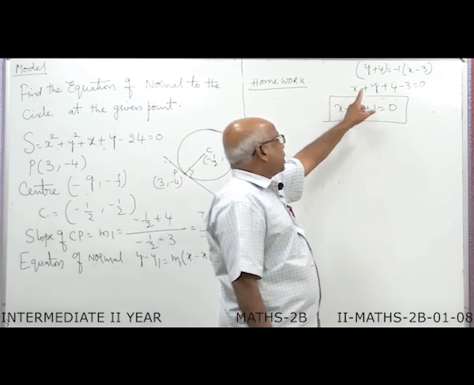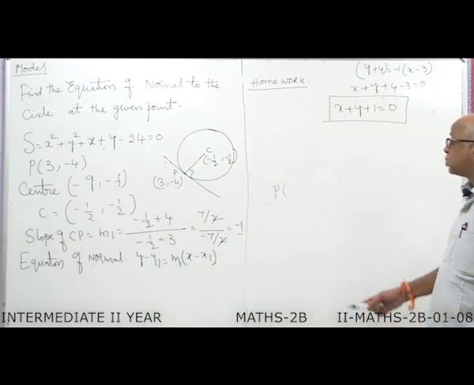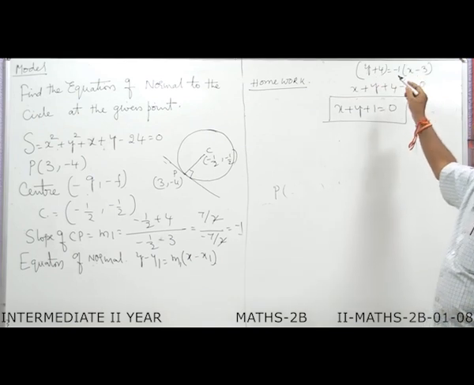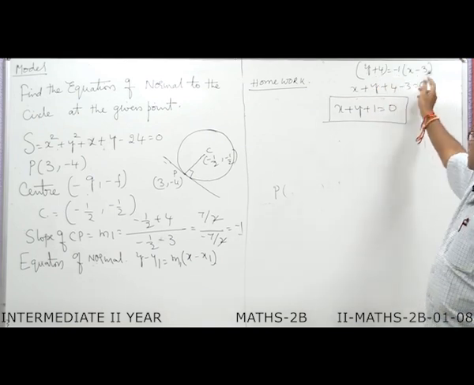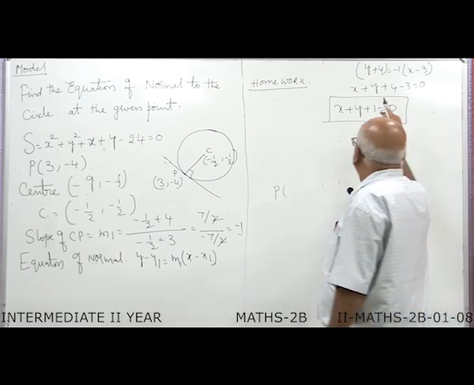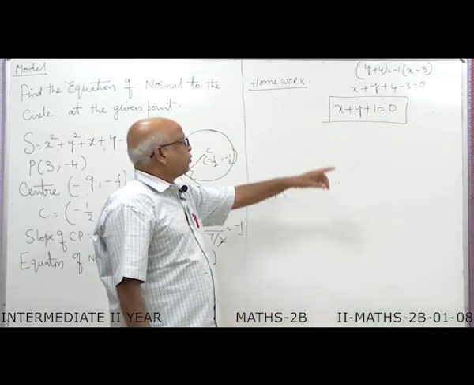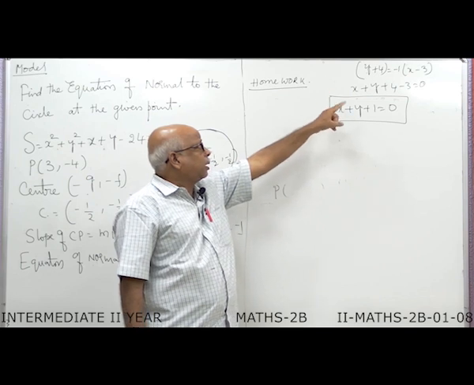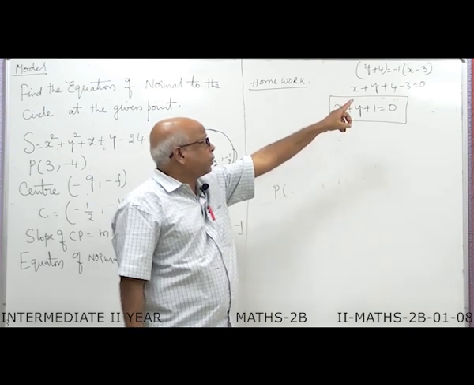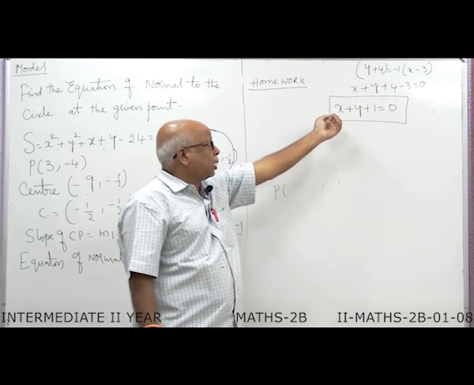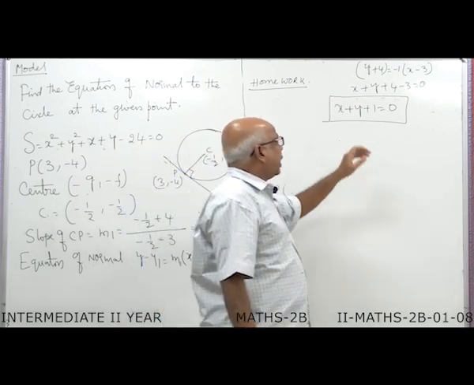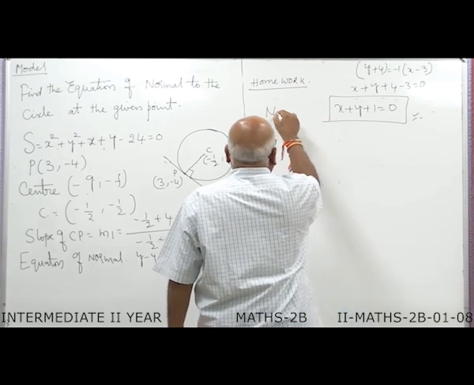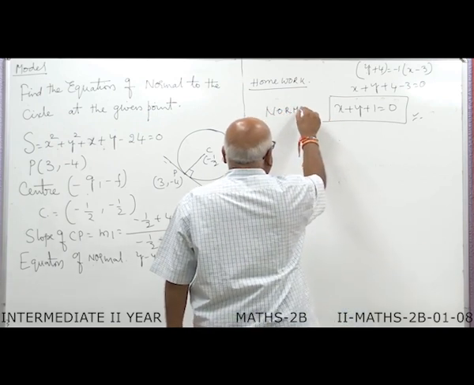By applying that formula, y plus 4 equal to minus 1 into x minus 3. Taking all values to one side, x plus y plus 4 minus 3, it becomes x plus y plus 1 equal to 0. That is the equation of normal.